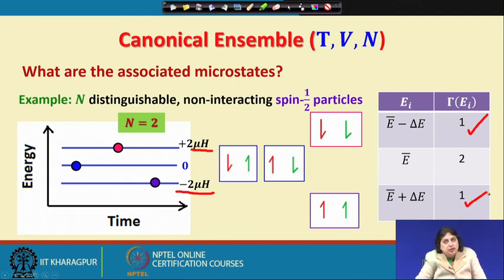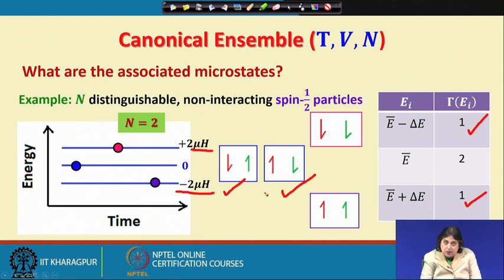Therefore, the conclusion that I get from here is this, that if I could fix the energy at E bar, then the property of the system will be controlled by only these two microscopic states which are associated with the energy E bar equal to 0.